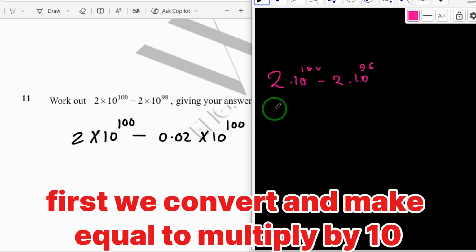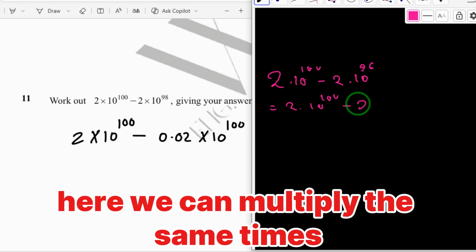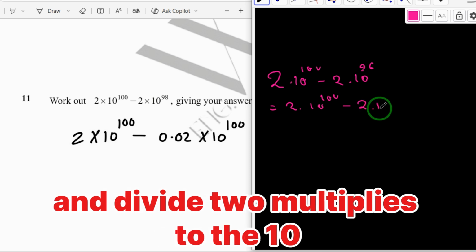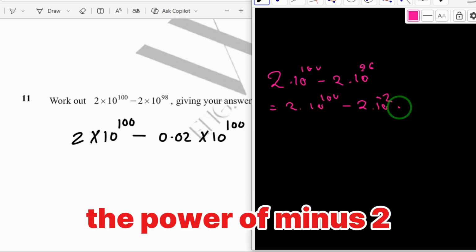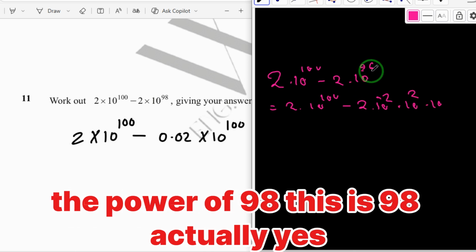First, we convert and make equal: we can multiply and divide by the same thing. 2 multiplied by 10 to the power of minus 2 and multiplied by 10 to the power of plus 2, by 10 to the power of 98.